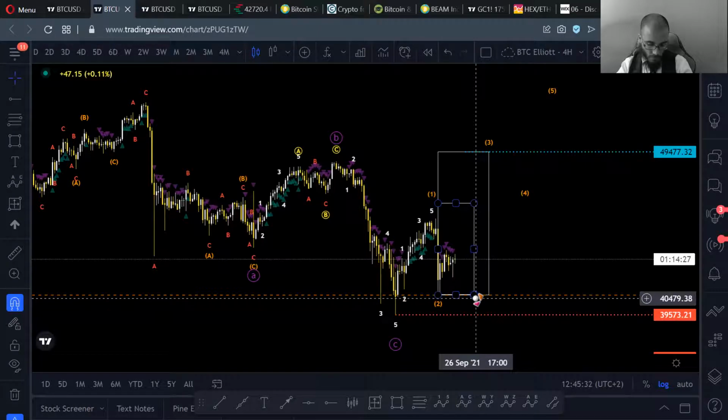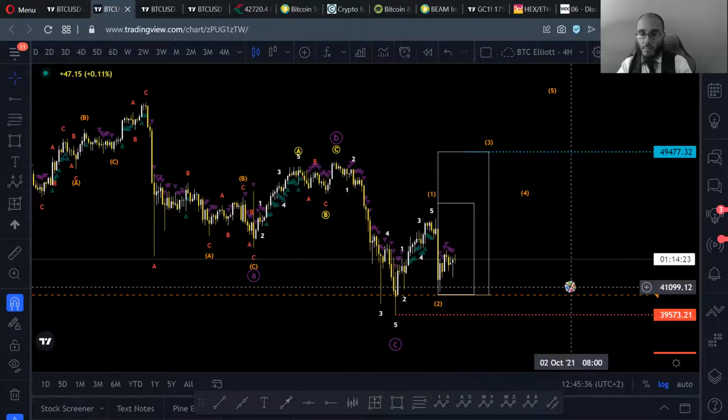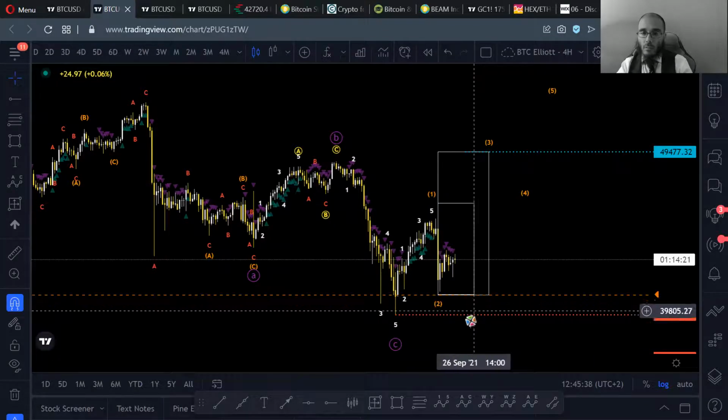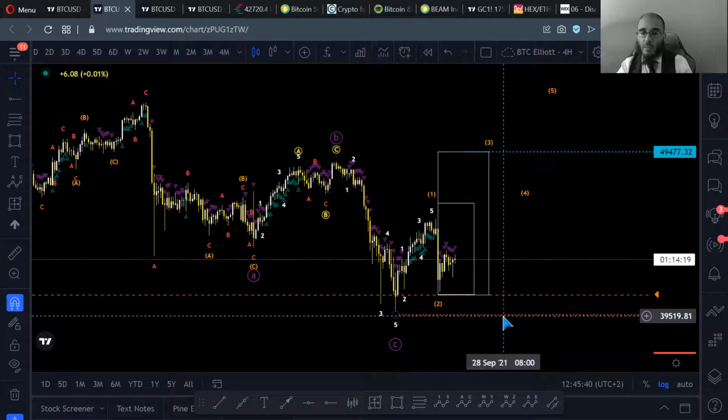Anyways, for me, my stop loss needs to break Elliott wave. By that I mean my Elliott wave outlook is now bullish.